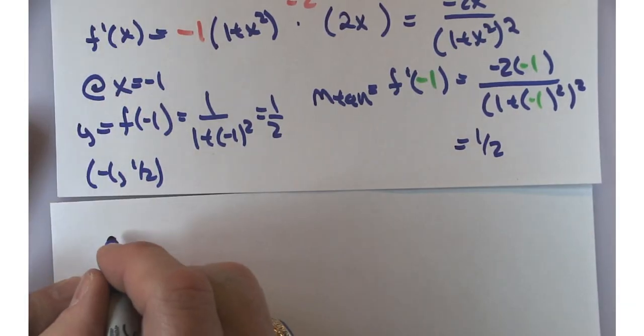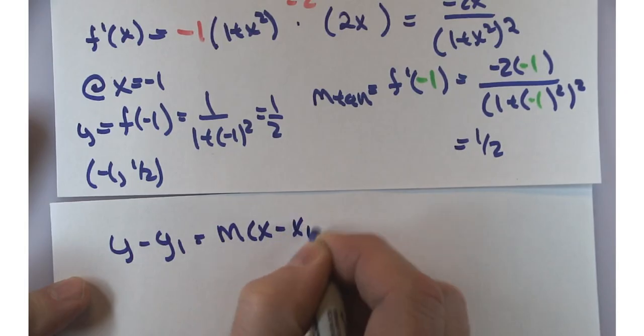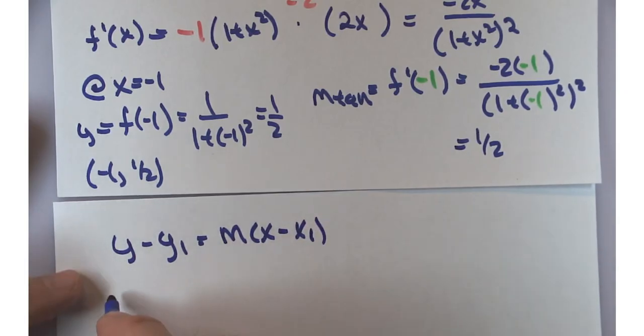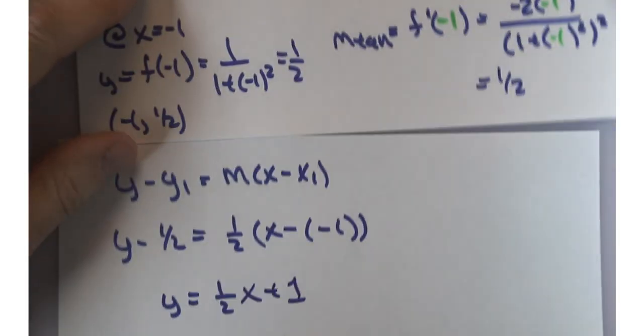And we've got all we need. It's going to be y minus 1/2 equals 1/2 times x minus -1. If we distribute that, that's going to be a +1. We'll end up with another half from over here. So we get y equals 1/2 x plus 1.